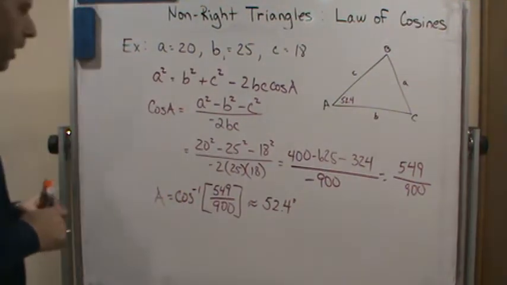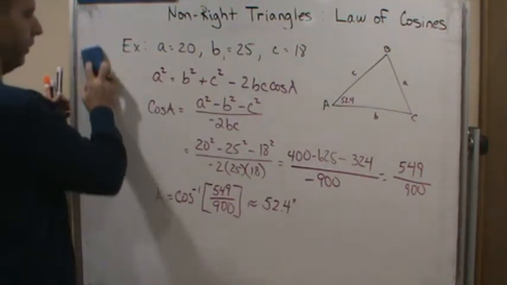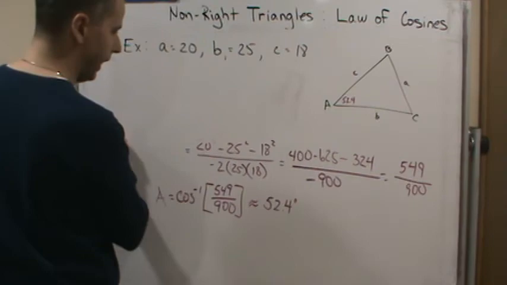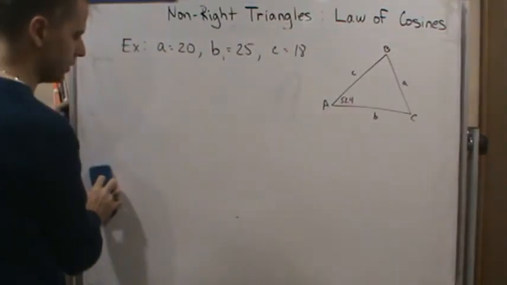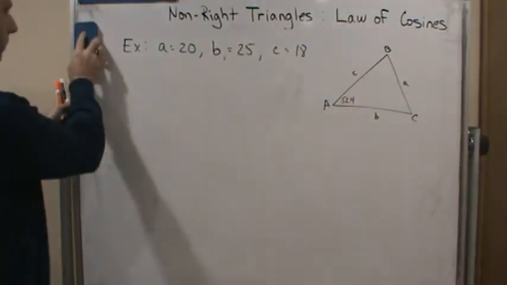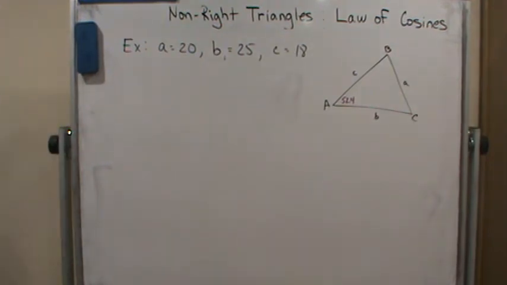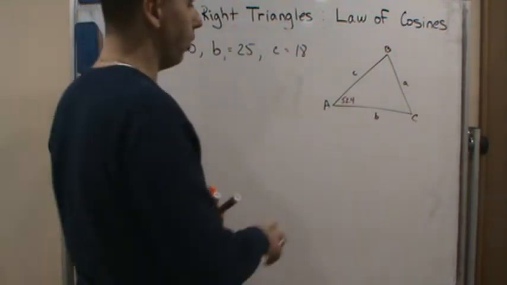Now all we have to do is get one of the other angles. We can use the law of cosines again, which is fine. Or we can use the law of sines.